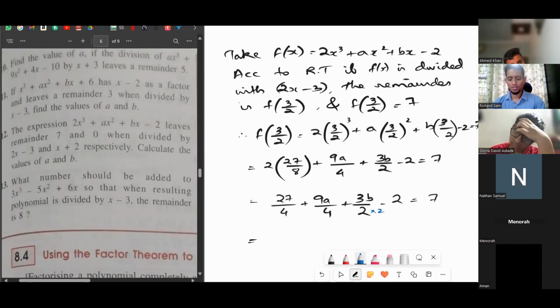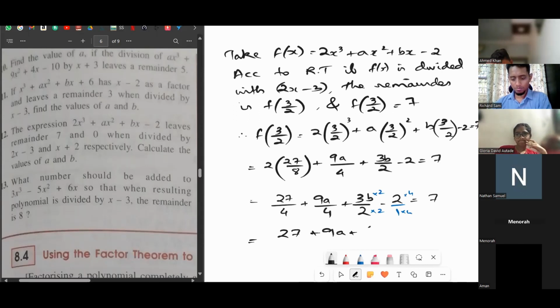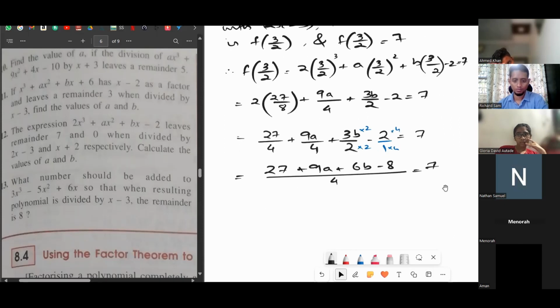Yeah, it's not there because of all these fractions. Okay, we'll just do it. I'm making all the denominators 4. You have a similar question in your book, but that will not have these fractions.